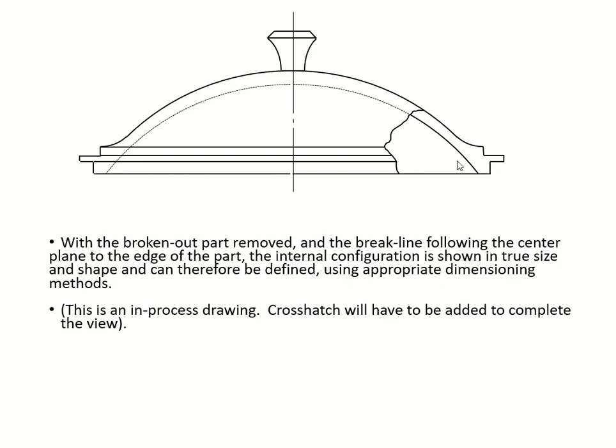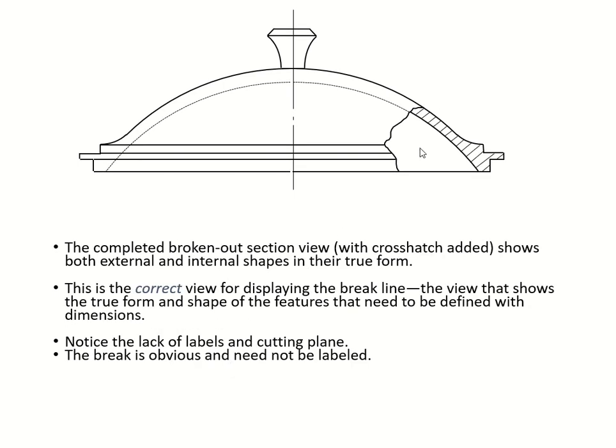And of course, your internal configuration is showing your true size and shape, yeah? Okay, then we will add our cross hatch for the exposed area. This is hollow, so therefore you don't have to cross hatch. We only cross hatch the solid area exposed after your cut. So we can see our break line, and that's the correct view.